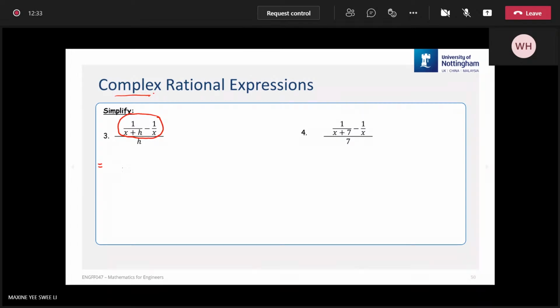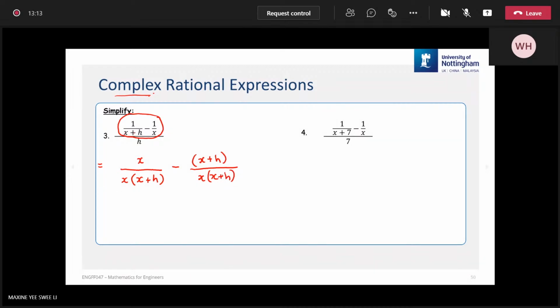So I'm working on the numerator's denominator. So x plus h and x, two very different denominators. So I'll just have x multiply the x plus h. So here I will have x, and then minus x plus h over x plus h.